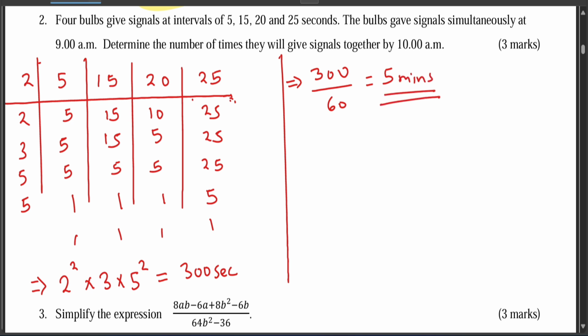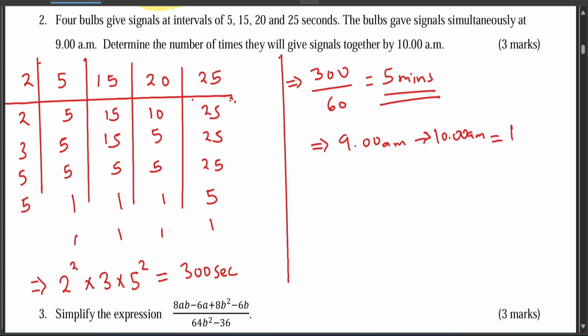So kama imeanza saa 3, signal ingine itaanza saa 3 na dakika 5, the other one saa 3 na dakika 10. But how many times would they give signals? So the bulbs will give signals how many times? So basically what you need is from 9 a.m. to 10 a.m., and how many hours?